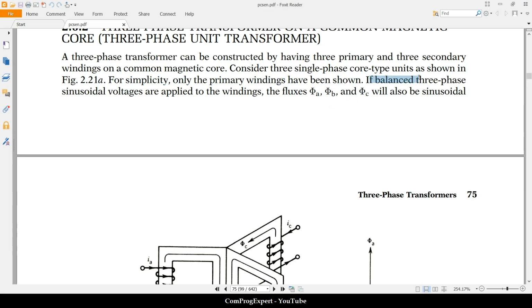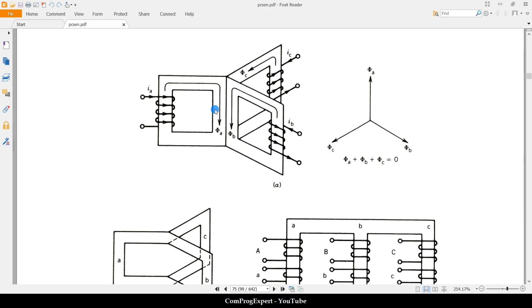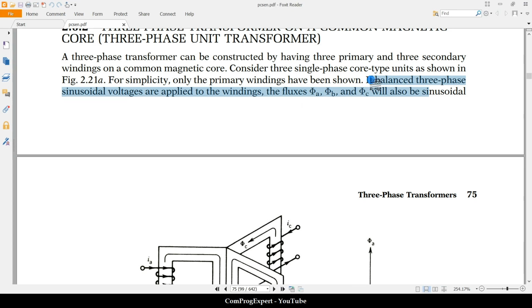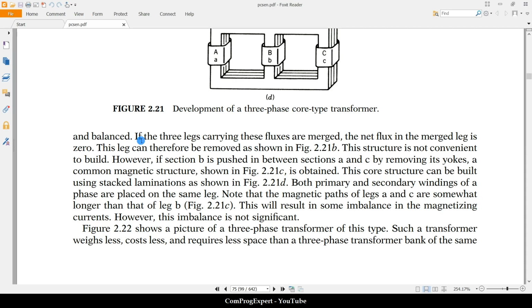If balanced three-phase sinusoidal voltages are applied to the windings, the fluxes phi A, phi B, and phi C will also be sinusoidal. The flux generated by this coil A is phi A, and this is the coil B. We have this flux, phi B, and this is the coil C. So these fluxes are sinusoidal and balanced.